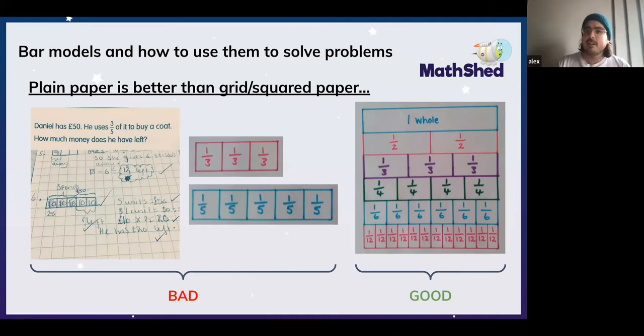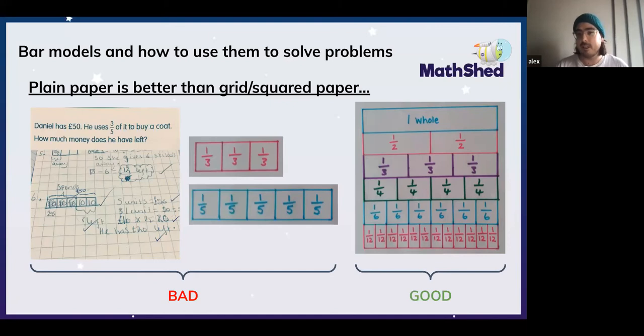So really we want to have a constant width of a total bar, such that children have this conception that one whole is one whole, and parts of wholes can be different sizes, and sometimes they're the same. So you have 4 lots of 3, let's say. So there'll be 4 parts, each with 3 in them, and the whole will be the same size.